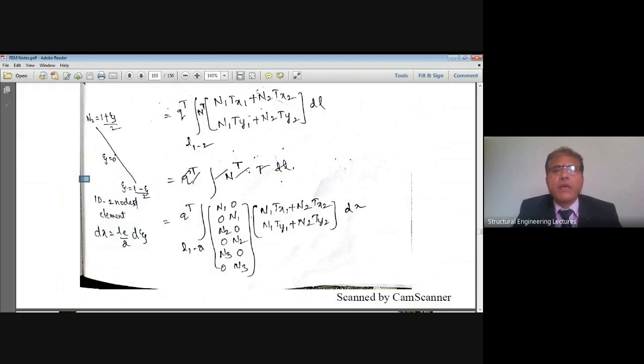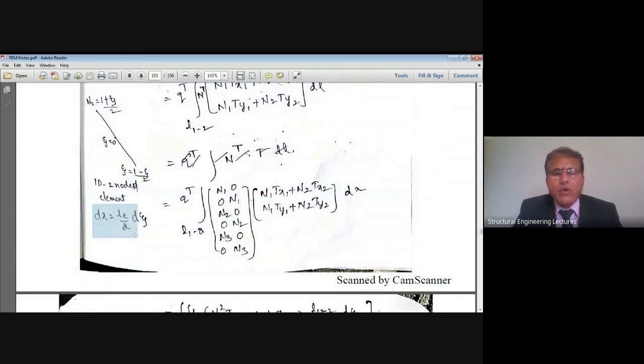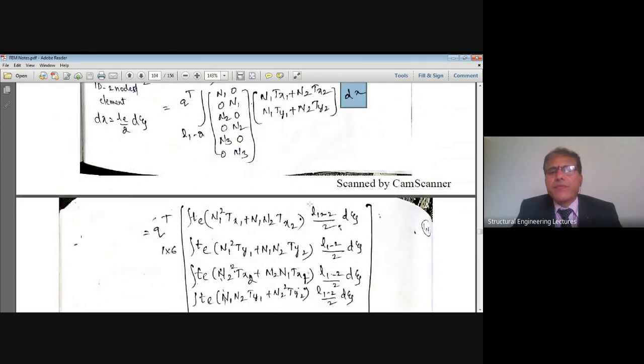The first shape function n1 for this first node is 1 minus xi by 2, and the second shape function for the second node is equal to 1 plus xi by 2, and xi is equal to 0 is the CG of this element. Therefore, we know the relation between local and global coordinate systems, and it's a differentiation as dx is equal to Le by 2 dxi. If I substitute that here, now I'll get length by 2 multiplied by dxi.